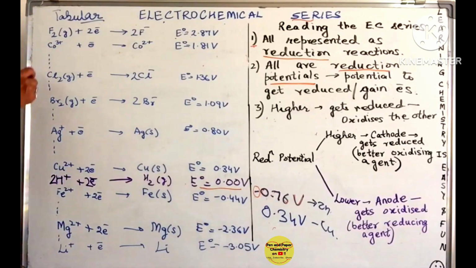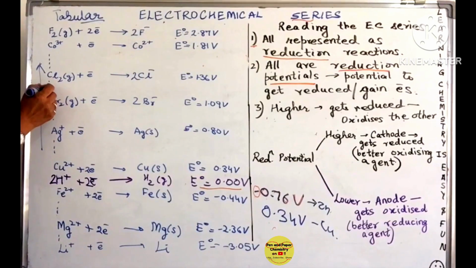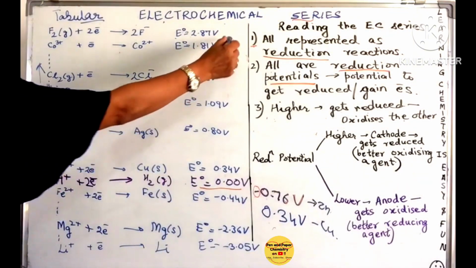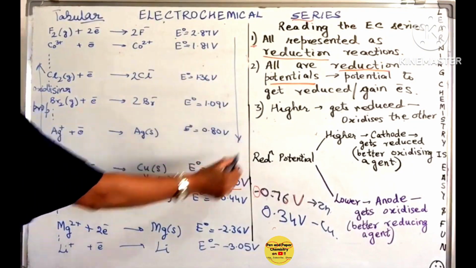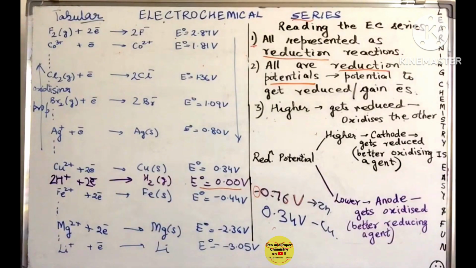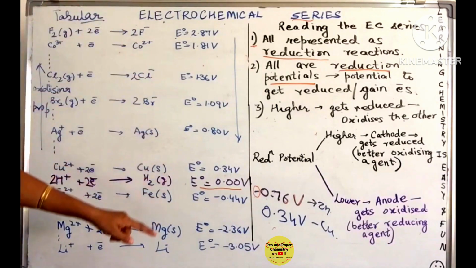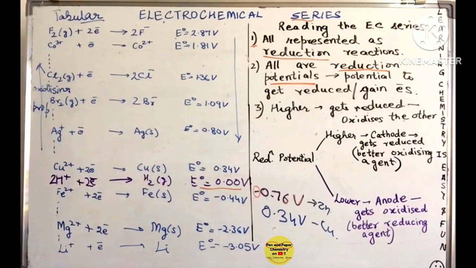So we can mark it by an arrow pointed upwards, saying that oxidizing property is increasing, right? At the same time, we can mark it down saying that reducing property is increasing. Oxidation property increases like this and reduction property increases from the top to the bottom.